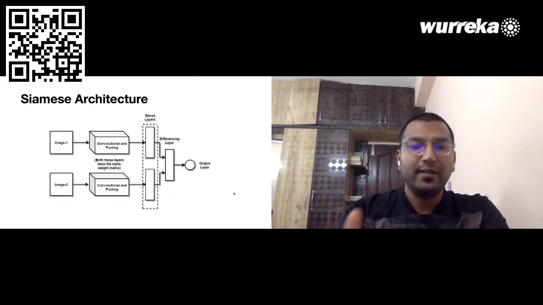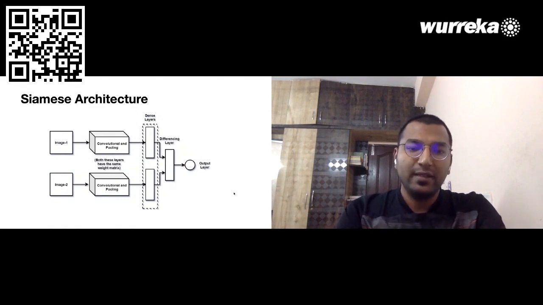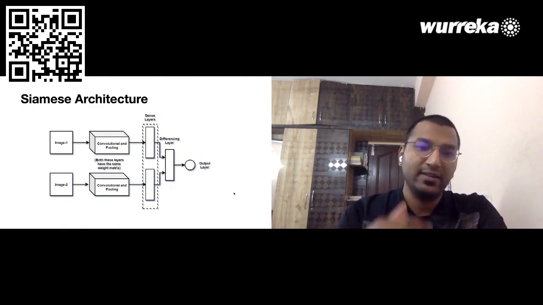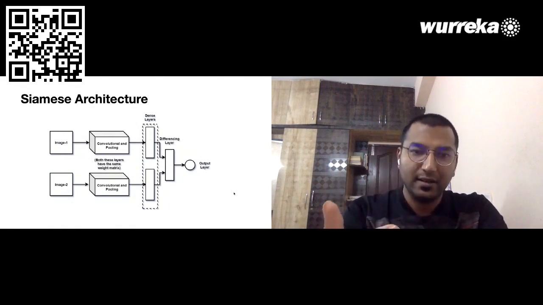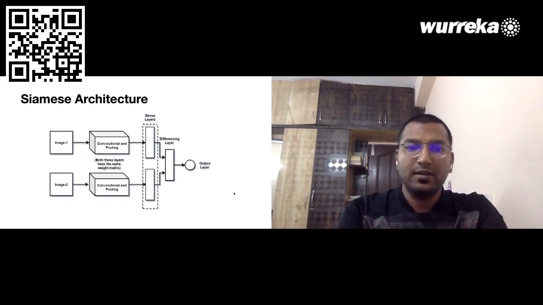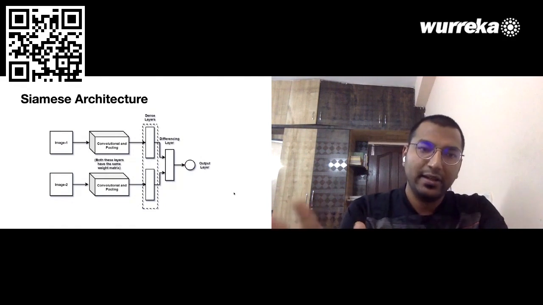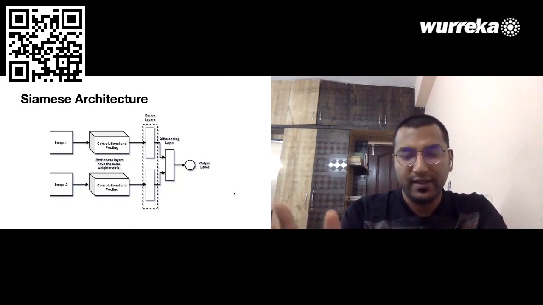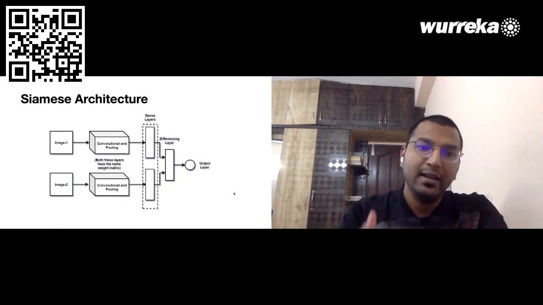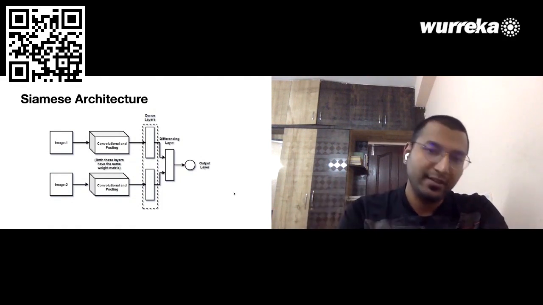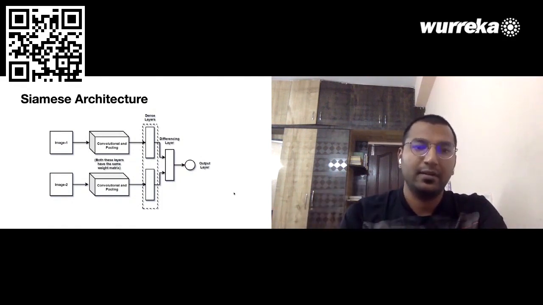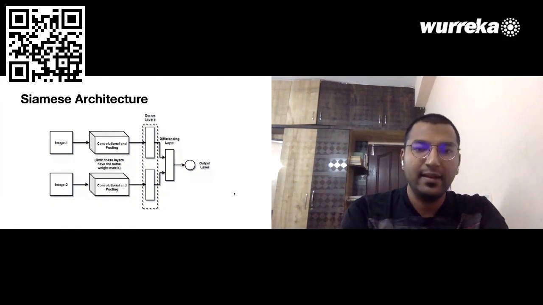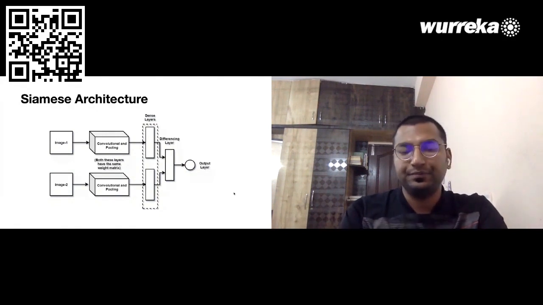Parameter updating is mirrored across both subnetworks, as you can see in the image, and it is used to find the similarity of the inputs by comparing their feature vectors. Both those networks, the top and the bottom, transform the input images into a feature space and a feature vector, and then the similarity or dissimilarity score, the way we want to make it, is calculated.